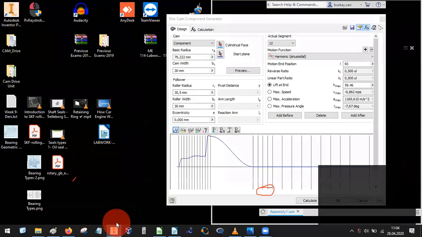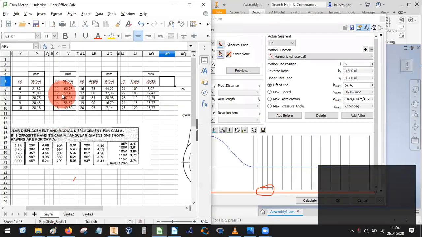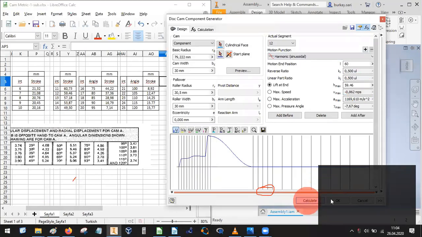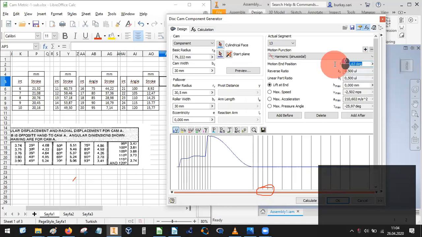Okay. 12 segment, we have 59.6. For 13 segment, which is 65 degrees, and I will just arrange 65 to 70, 57.18. Hit the calculate.